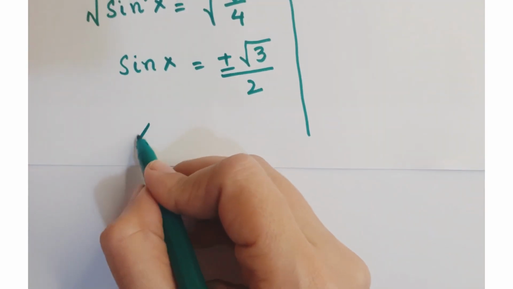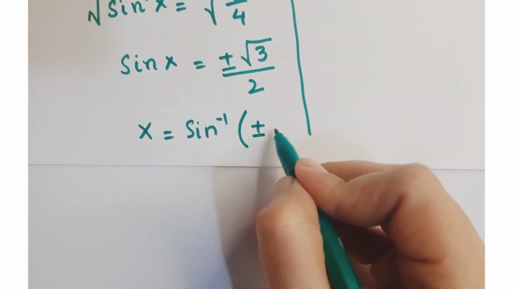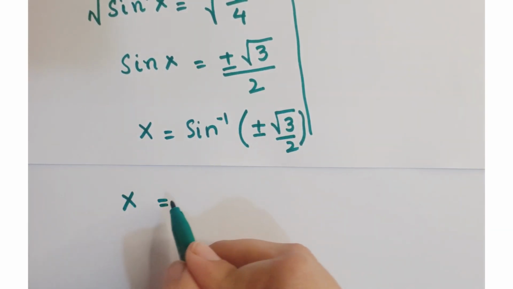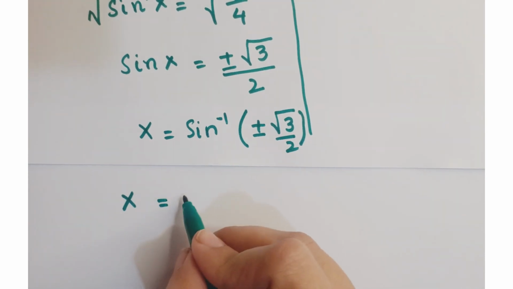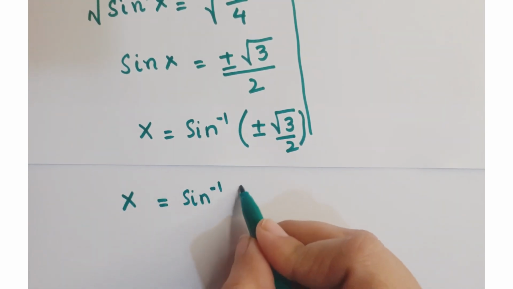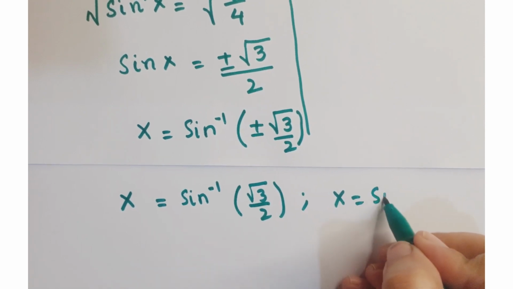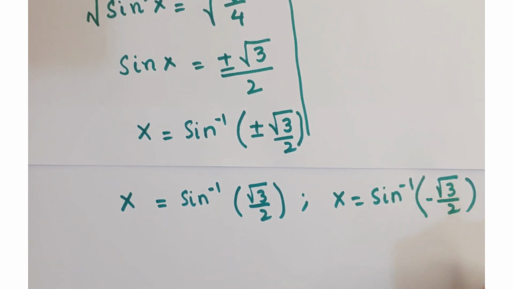Now in order to find x, we are going to take the inverse. So finding from the calculator, sine inverse of under root 3 upon 2. So we have two possibilities. First of all, we'll split it into 2, with the minus sign.